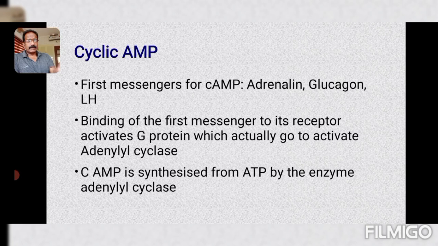Adenylyl cyclase uses ATP to give rise to cyclic AMP. And all these things have been elaborately discussed in one of my previous videos, titled Mechanism of Hormone Action. I advise you to go through that particular video to get more idea about cyclic AMP and the signal transduction process involved.